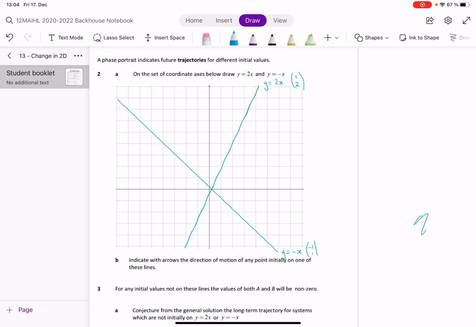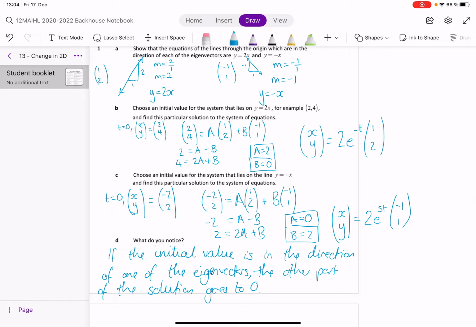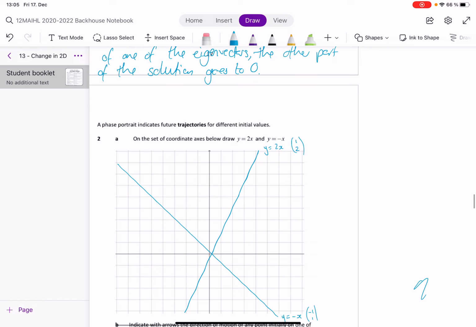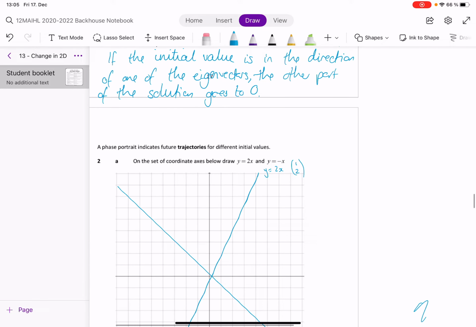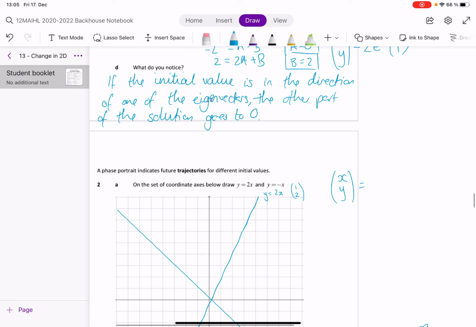Indicate with arrows the direction of motion of any point initially on one of these lines. So if we go back to part B, we said that we chose a point on the line y equals 2x, and we found this particular solution. This is just for one point, of course.